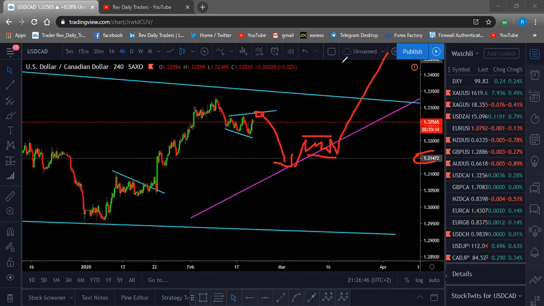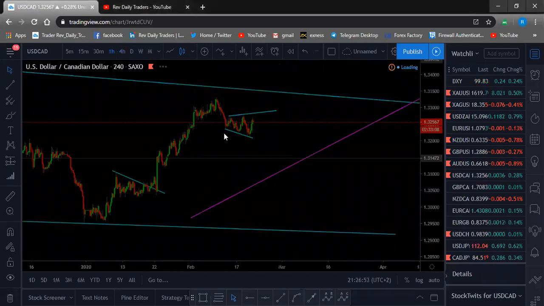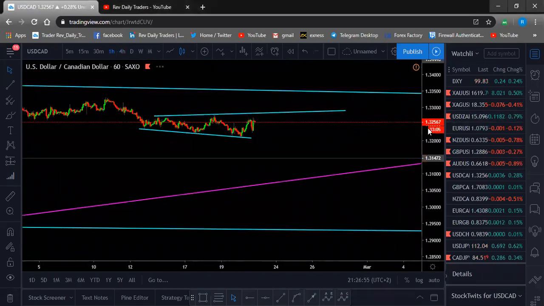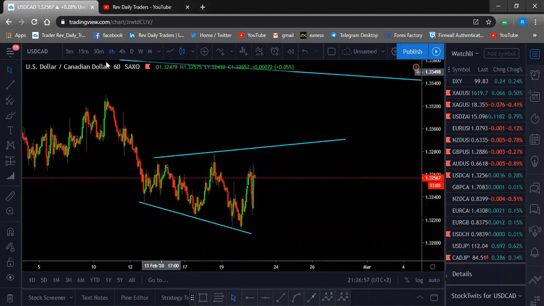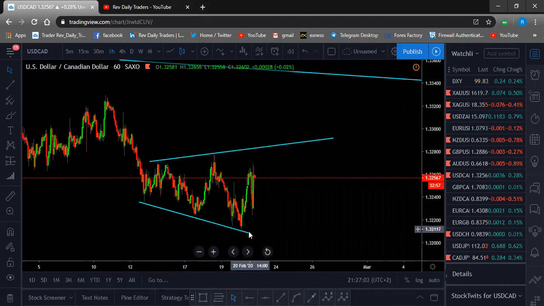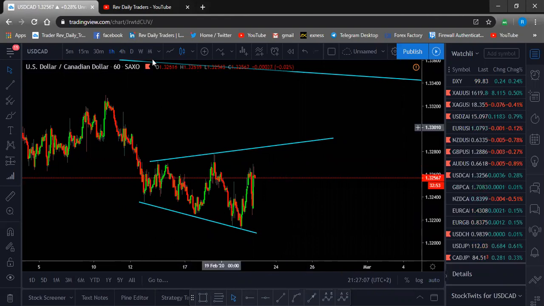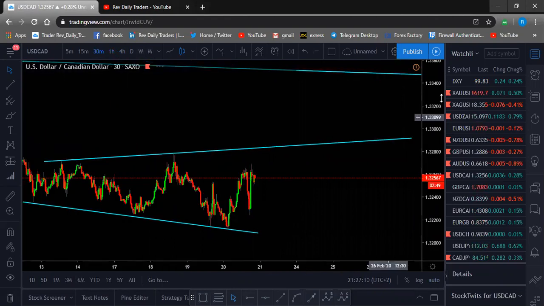Then on lower time frame, to see if we're going to have one more down, then on 1 hour, if you can't see clearly, you should move to lower time frame to get those patterns, you know, okay? Right.